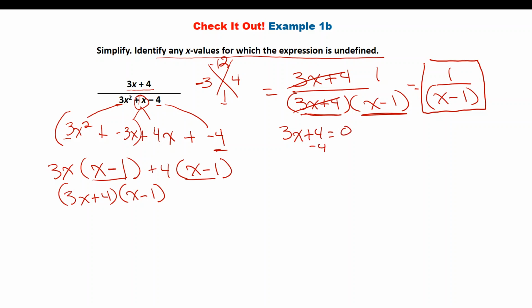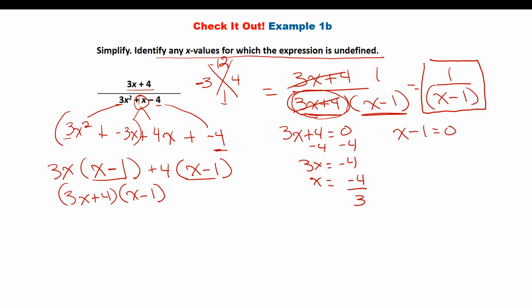We have 3x equals negative 4, so x equals negative 4 over 3. So when x is negative 4 over 3, this whole term becomes 0, and that would make our entire expression undefined.